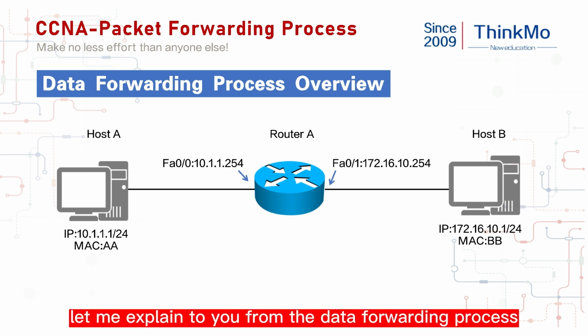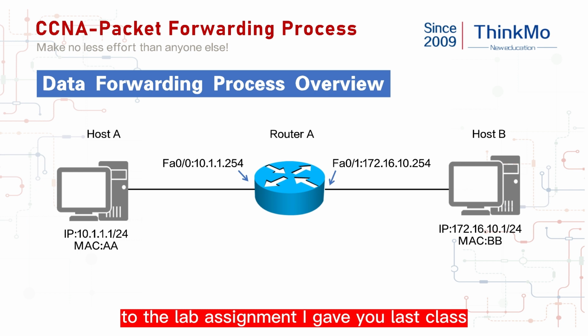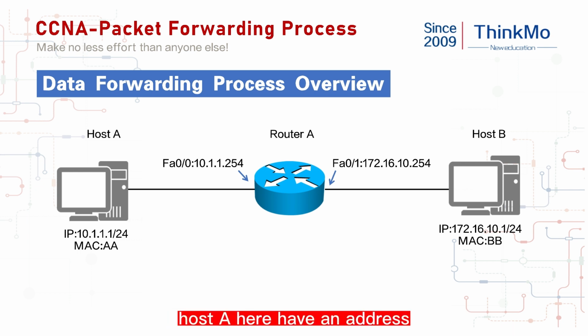Let me explain to you from the data forwarding process. Let's look at this picture. Actually, it's similar to the lab assignment I gave you last class, except the address is different. Host A here has an address.